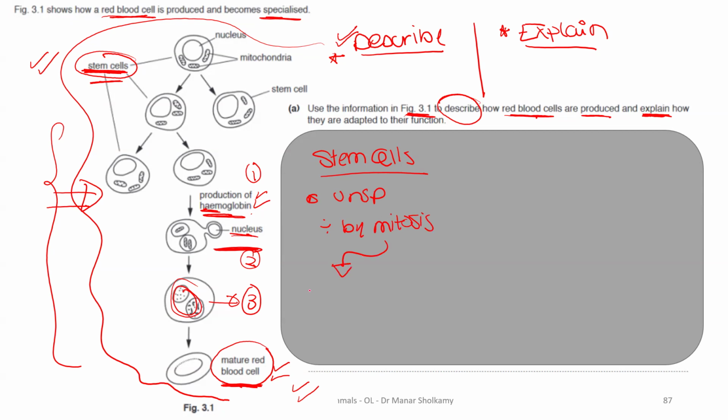Genetically identical cells. Stem cells. Yes, you are all correct. They divide by mitosis to give me more stem cells, or they differentiate, like we have in this example, to give me other types of cells that have a specific function, just like we see in the diagram.